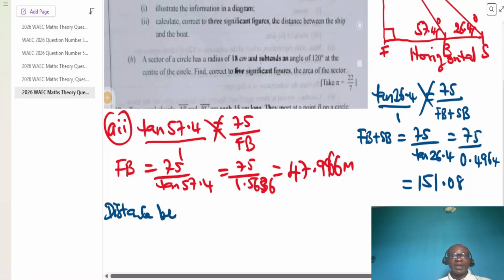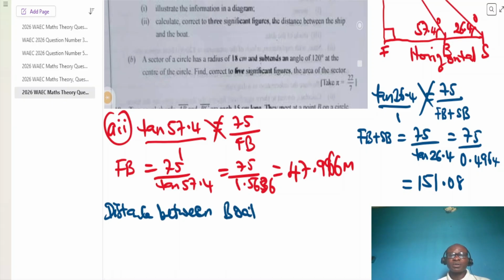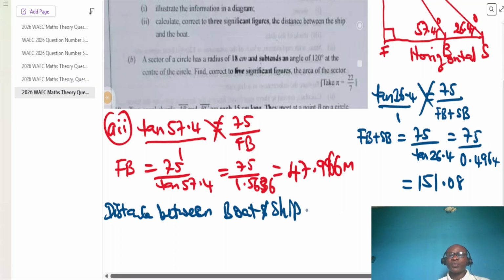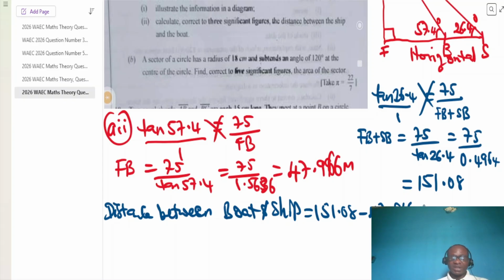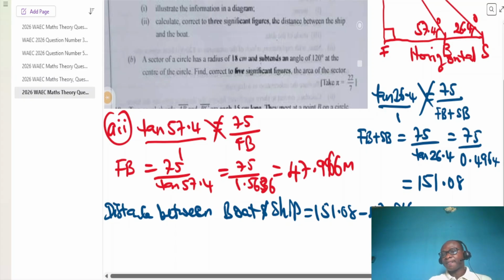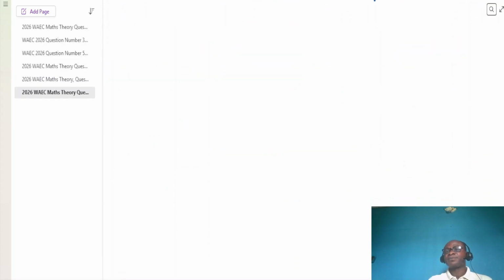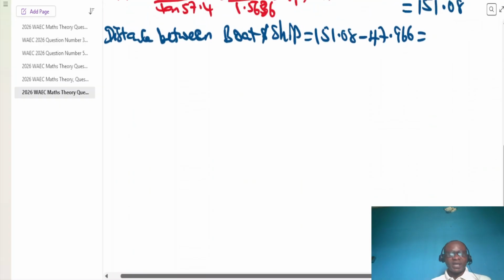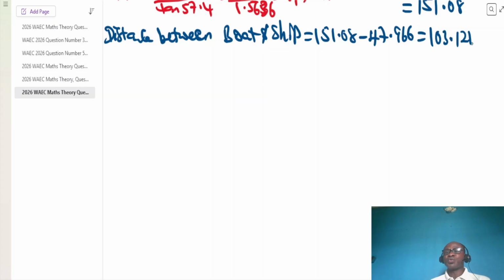between the boat and the ship will now be 151.08 subtract 47.966, and that is going to give us minus 47.966, which is equal to, okay, so this is equal to 103.121 meters.